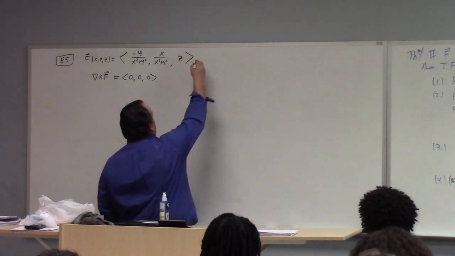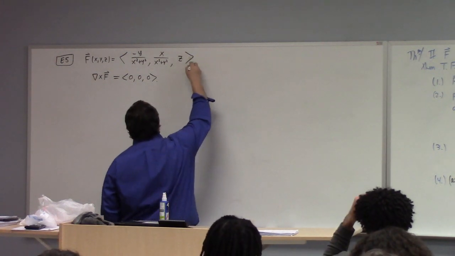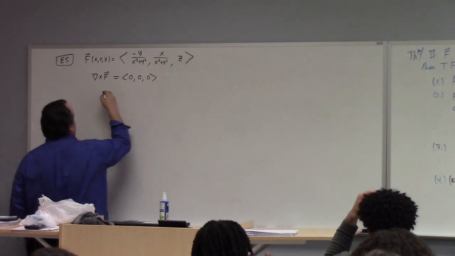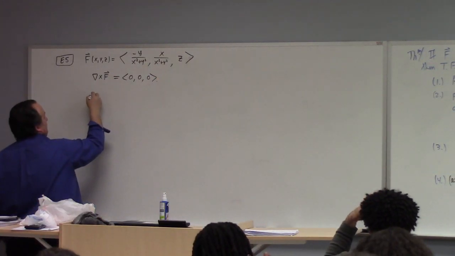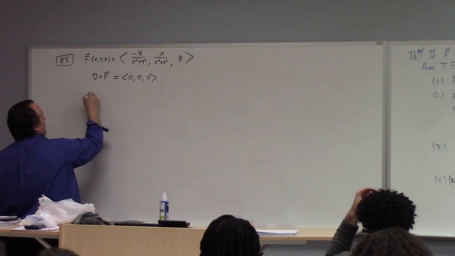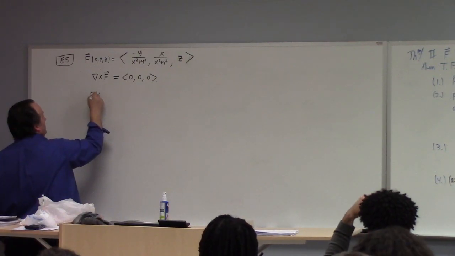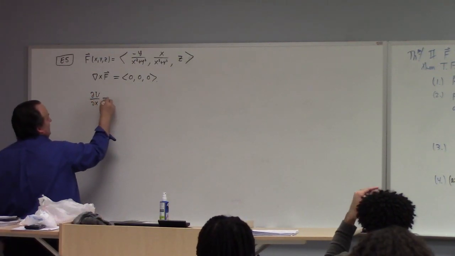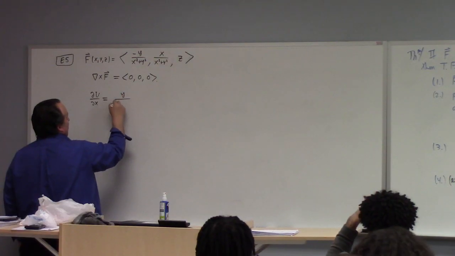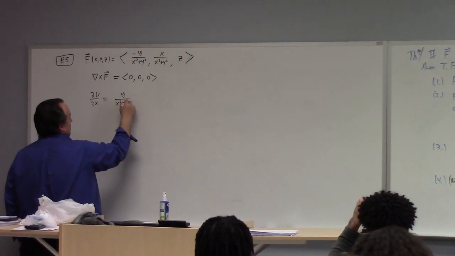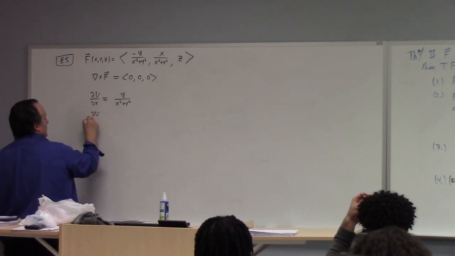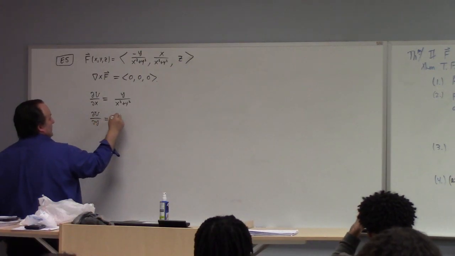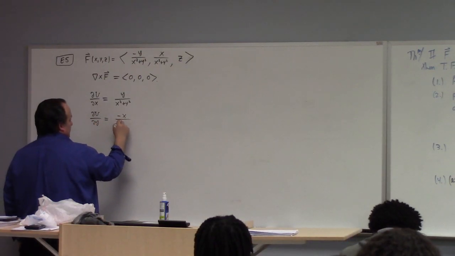I think I could do, how to find the potential energy. I would like to solve, partial u, partial x equals y over x squared plus y squared. Yeah? Partial u, partial y equals minus x over x squared plus y squared.